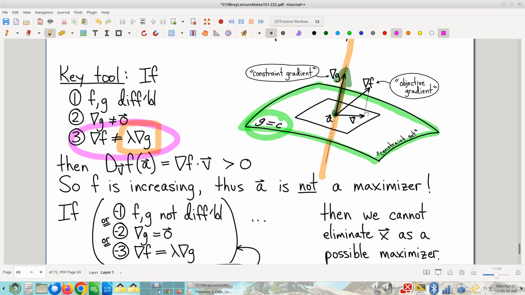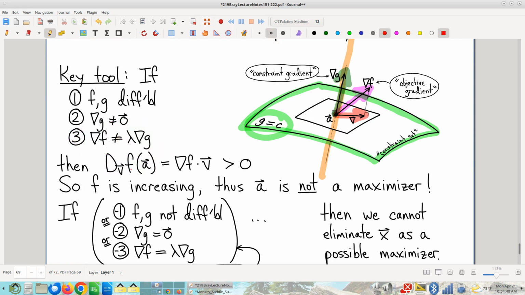Well, if my objective gradient is not on that orange line, then it kind of has to be pointing off axis. If it's pointing off axis, then it has a shadow on the tangent plane.